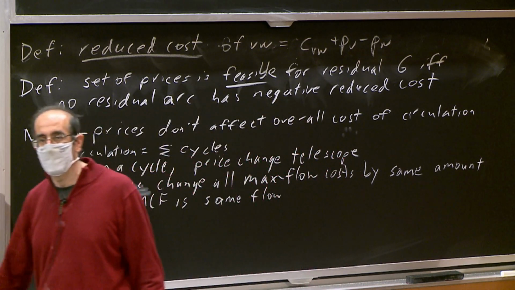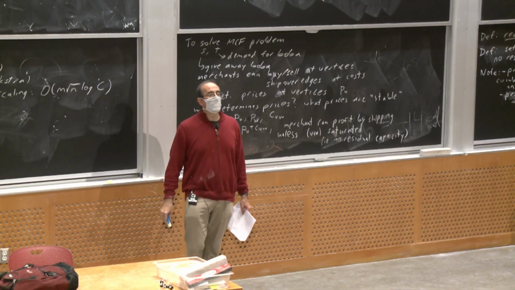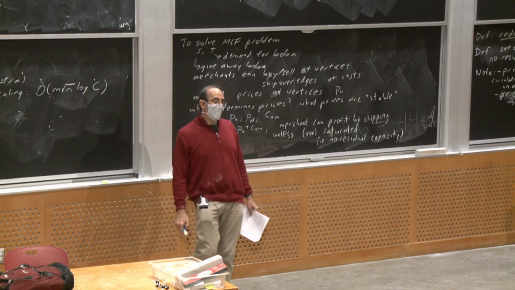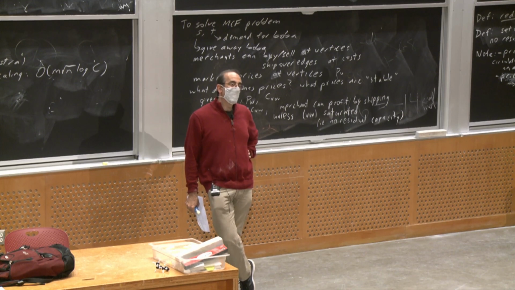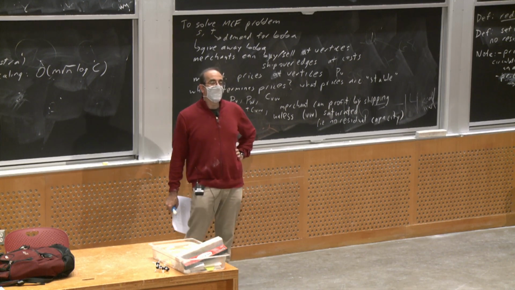Why is that? Yes? Because every cost on the way is cancelled out. The same amount is the cost of S and the cost of T. And for any flow.